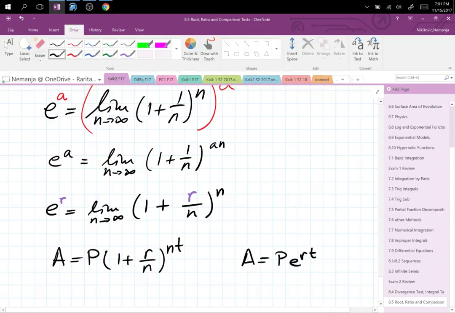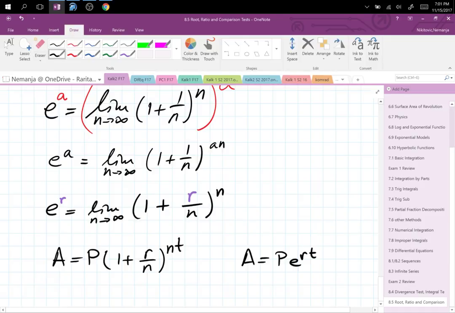Do you see that this portion here of 1 plus 1 over n to the n is e? You have the r in the exponent, and then you also have this extra t on the outside, which is behaving like the a in this case. So they're all there.